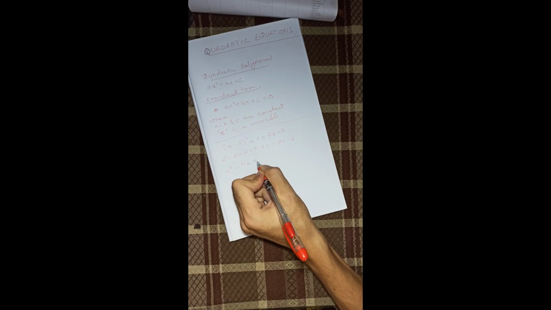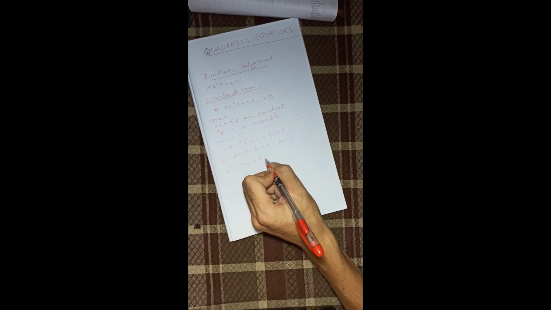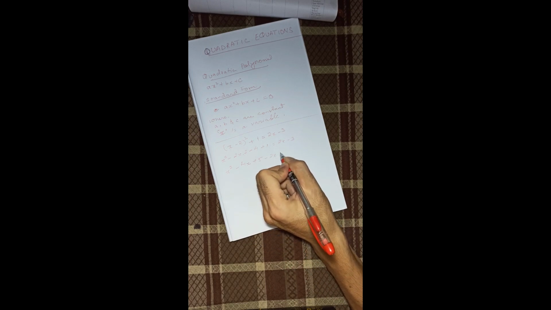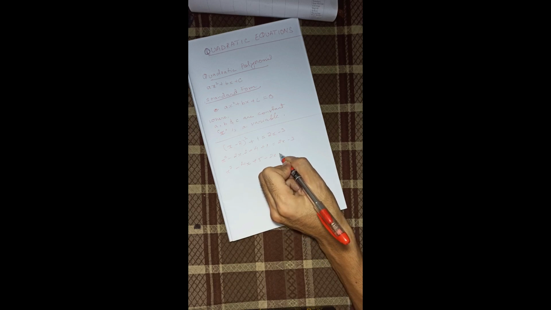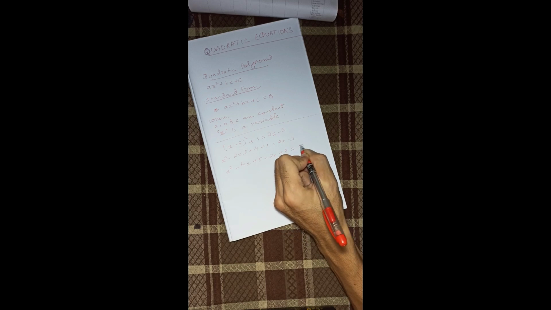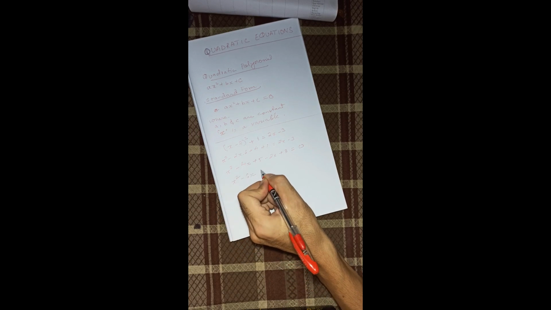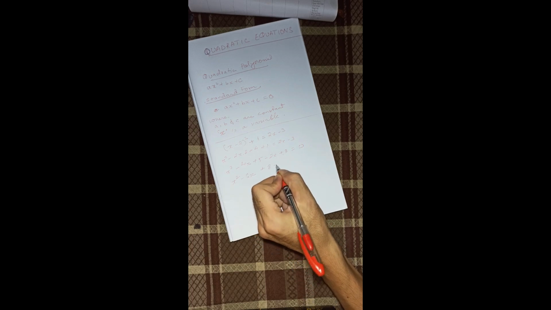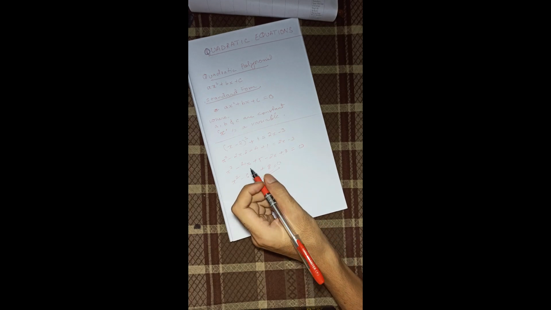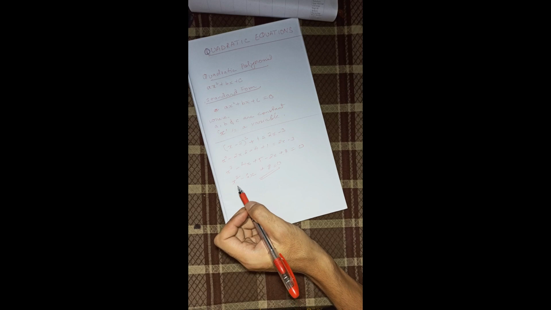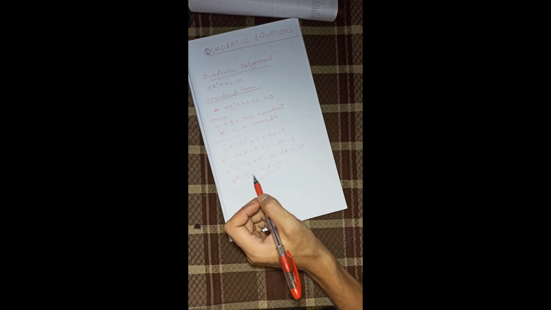4x plus 5. Now let's shift the left hand side to the right hand side. Plus 3 equals 0. Now x squared, minus into minus is plus, minus 6x. 5 plus 3, 8, equals to 0. What do we get here? We get x squared minus 6x plus 8.